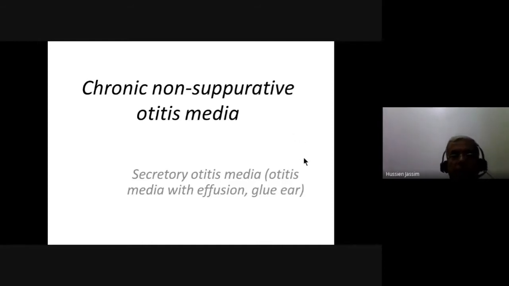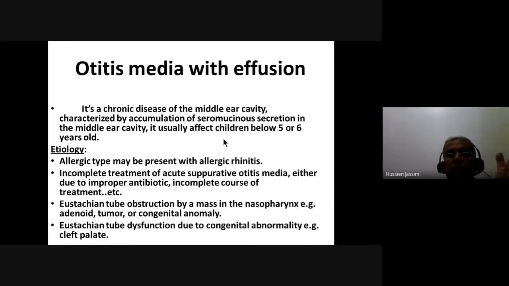As we said طبعا هنا different names for this condition يسموها secretory otitis media, otitis media with effusion أو glue ear. هذه الميدل اير كافيتي صار عندنا effusion of seromucinous secretion، بس هذا seromucinous secretion بقى sterile ما صار infected. زين and usually it occurs in children، فراح يبقى عندنا sterile fluid in the middle ear cavity usually due to allergy, may present with allergic rhinitis البيشنت أو incomplete treatment بالacute suppurative otitis media.